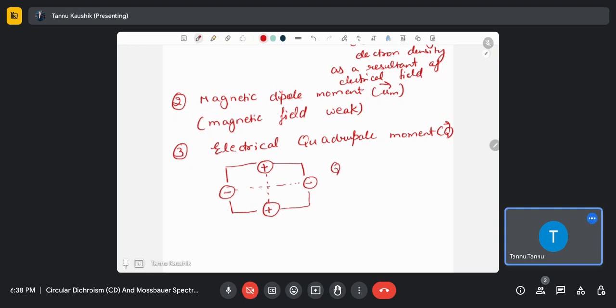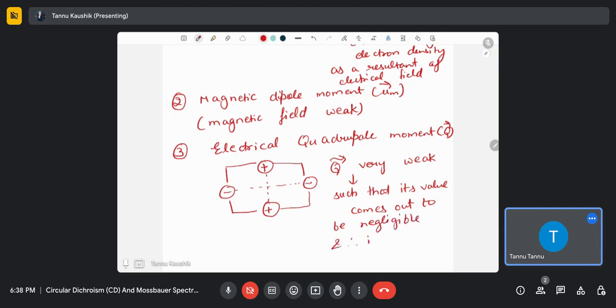This quadrupole is also very weak, even weaker than the magnetic dipole moment, such that its value comes out to be negligible, and therefore it is neglected in the transition moment integral.